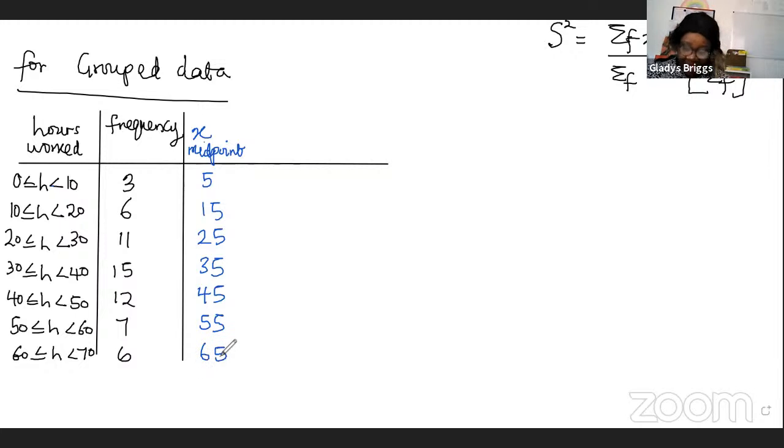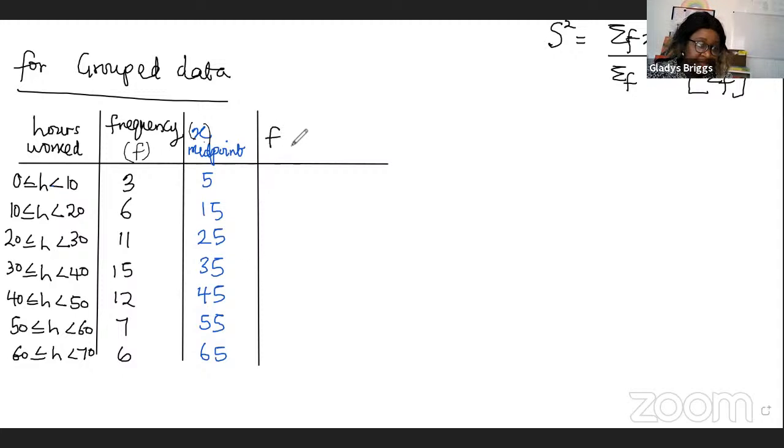Okay, 65. And then the next thing that we have to do is we have to work out F times X. Okay, the frequency, this is F. And this is X, okay?